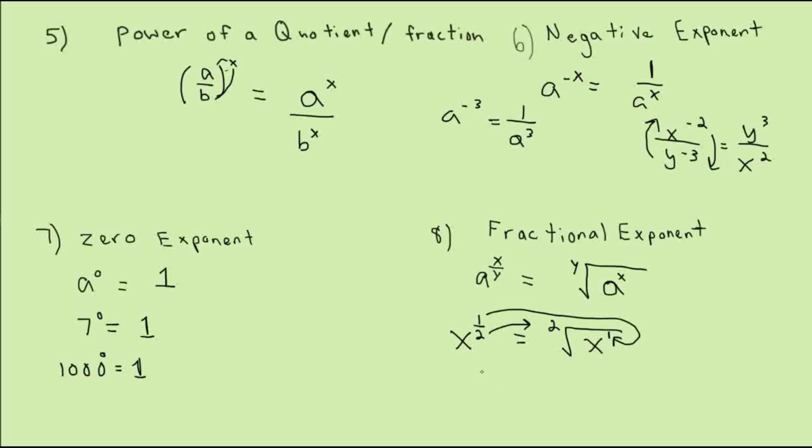So another example, if we have y to the 3/4, that will be equal to the fourth root of y to the third. Remember, the numerator goes on the inside and our denominator goes on the outside.